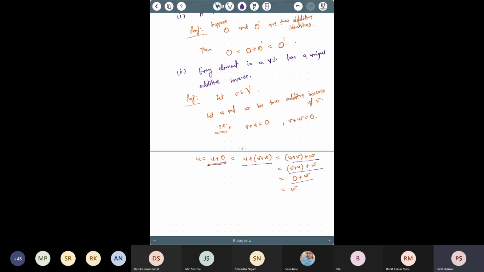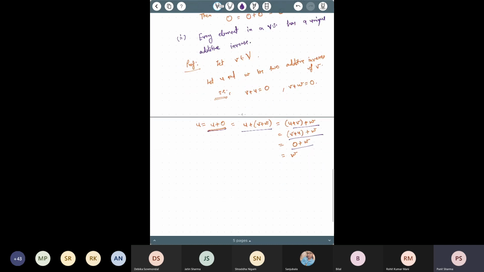Since the additive inverse is unique for every element, we can let minus v denote the additive inverse of v. Whenever I write minus v now, that means the additive inverse of v.